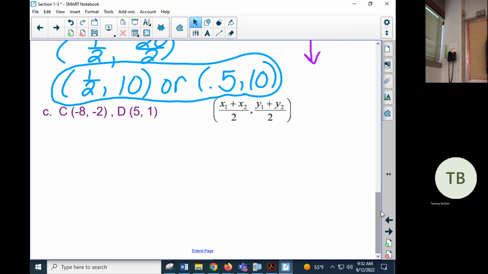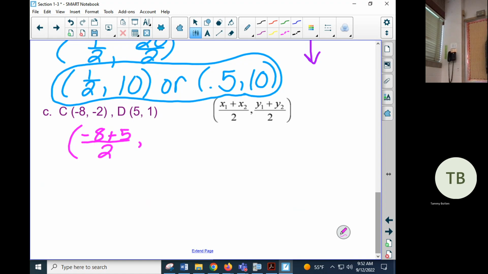All right, so this one, again, we add the X's. So we're going to go -8 plus 5 over 2 and -2 plus 1 over 2. -8 plus 5 is -3 over 2. -2 plus 1 is -1 over 2. Are those both reduced?